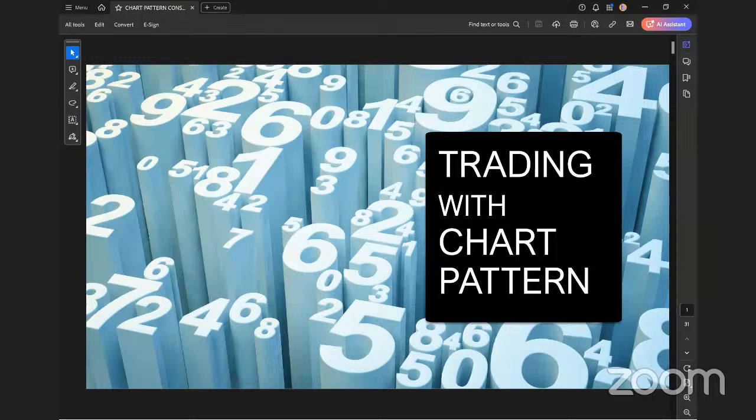Okay, I want to share with you first trading with chart patterns. This is to make it easier, to gauge what patterns you're looking at on whatever you're looking at, whether it's index, indices, or your forex pairs. Anything at all.